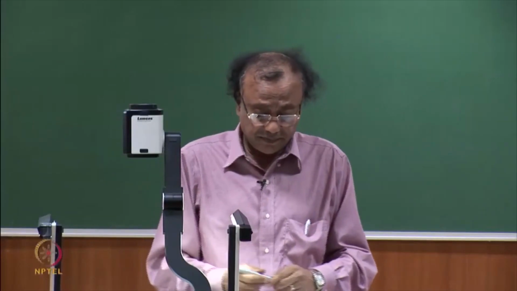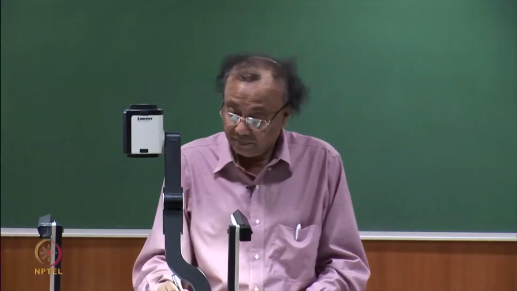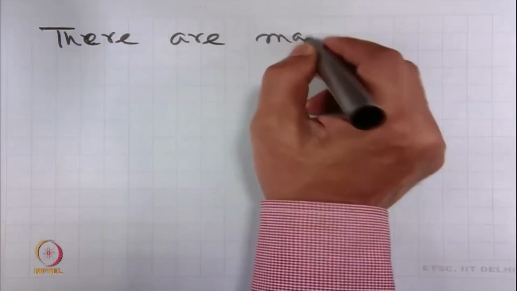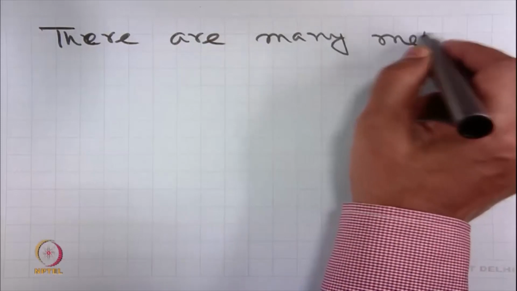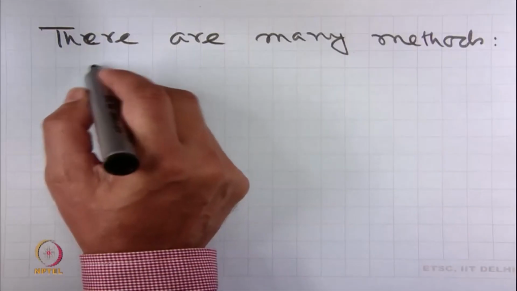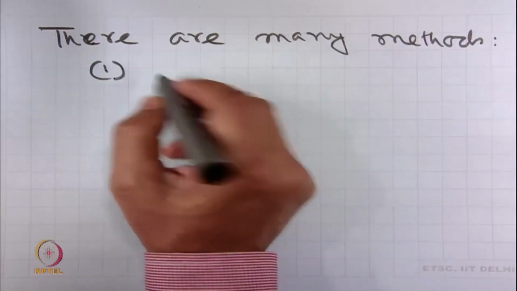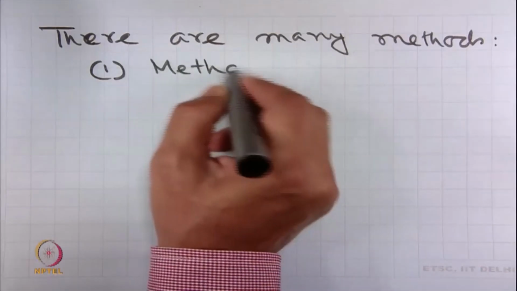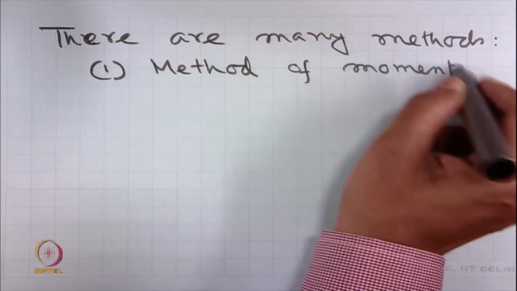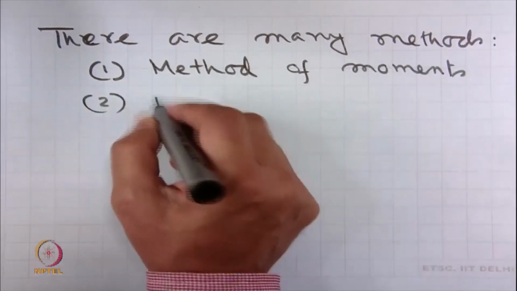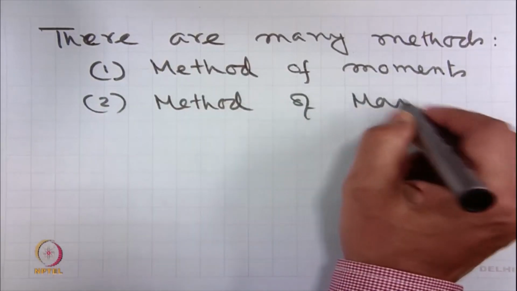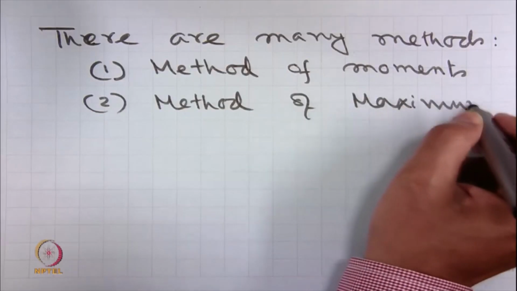There are many methods, but the two most important ones are the method of moments and the method of maximum likelihood.